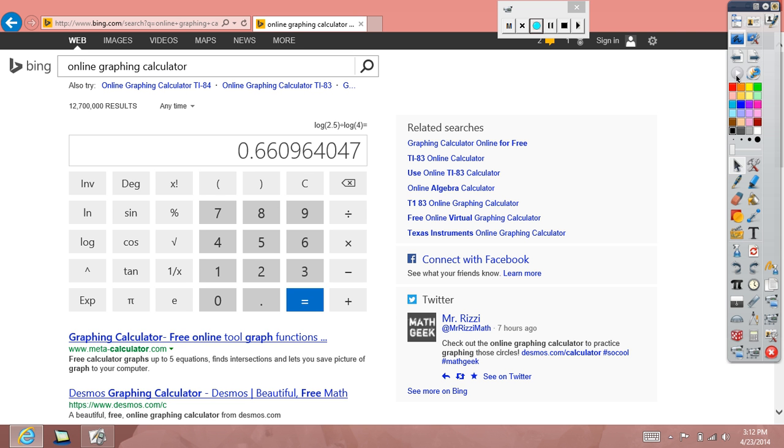All right, but I want to show you that you can do the same thing with ln. It doesn't matter which one you choose. ln of 2.5 divided by ln of 4 equals, look at that, same answer. Okay, so it doesn't matter which one you choose. They both will turn out to be the same. So my answer is 0.661.